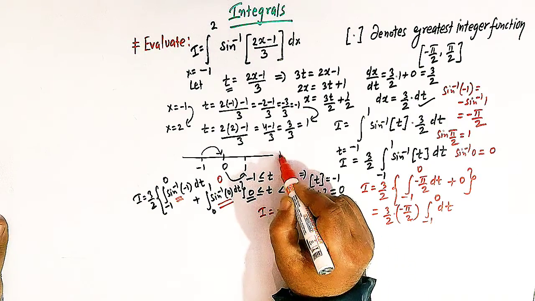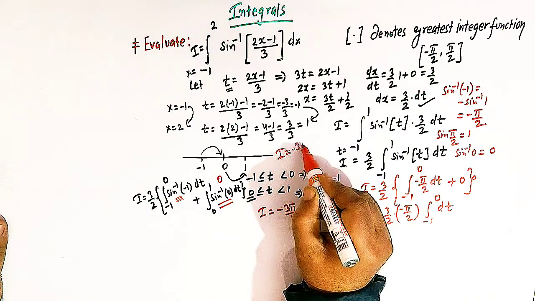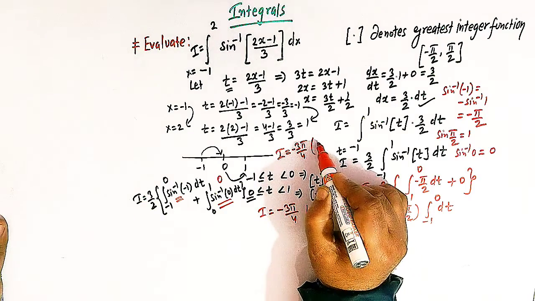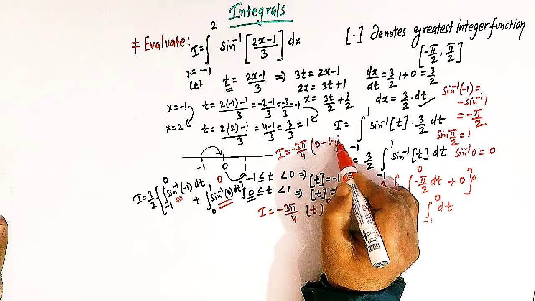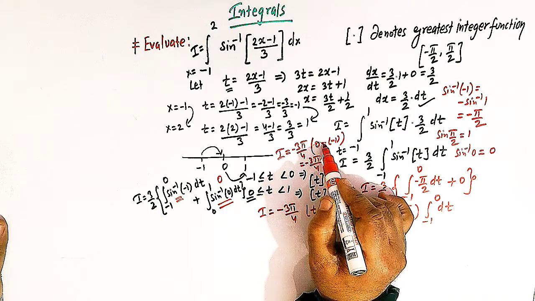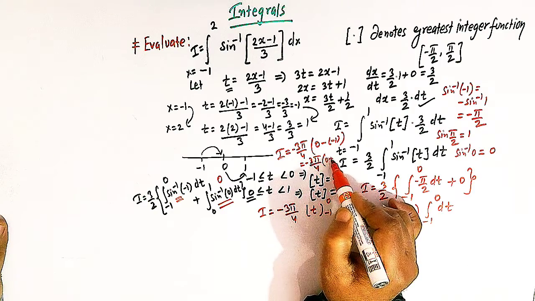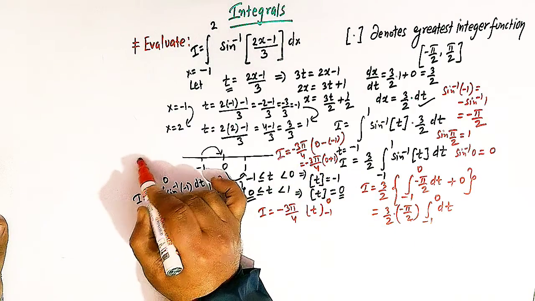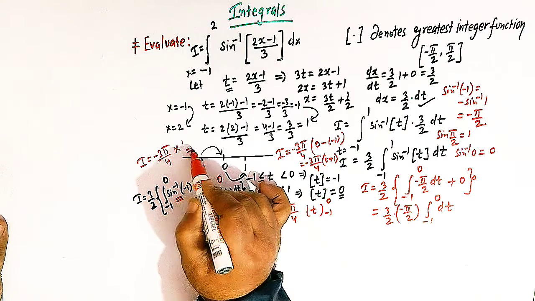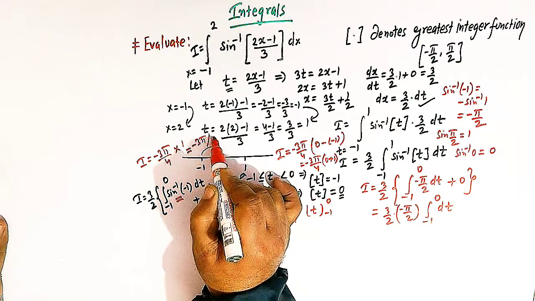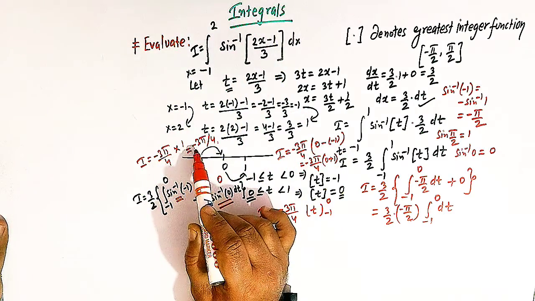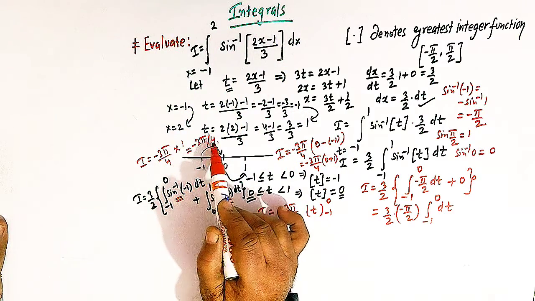Substituting the limits and taking the difference, we have 0 minus -1, so this is minus 3 pi by 4 times (0 plus 1). So I is equal to minus 3 pi by 4 times 1, that is minus 3 pi by 4. So the value of this integral is equal to minus 3 pi by 4.